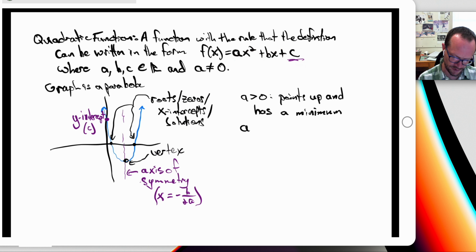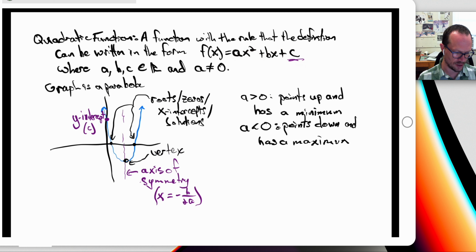On the other hand, if a is negative, then it points down, frowns, however you want to say it, and has a maximum. Okay, so that's quadratic functions and their graphs.